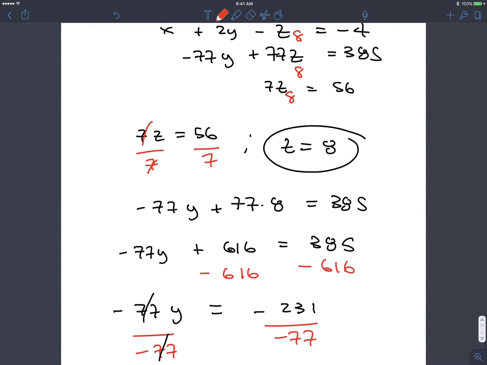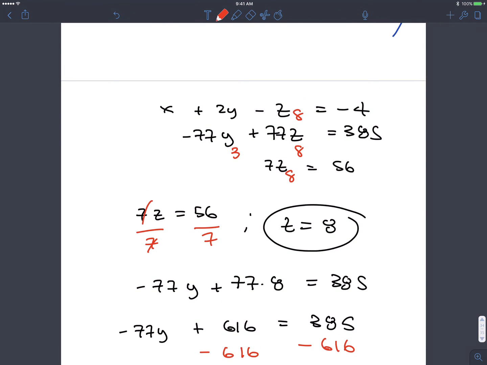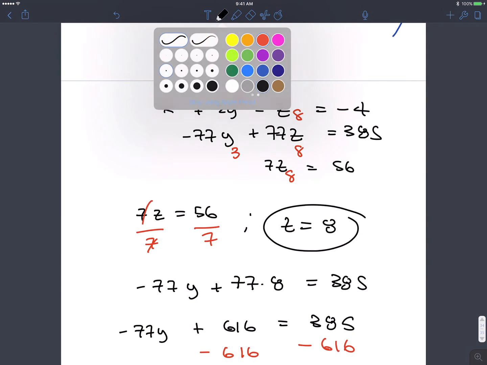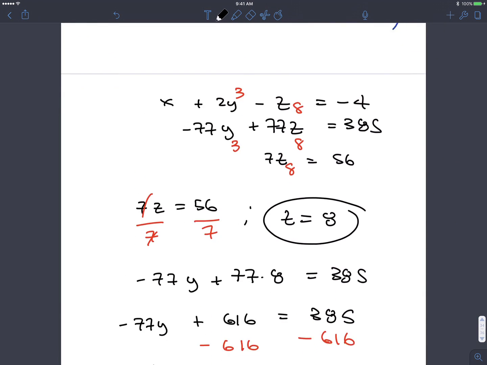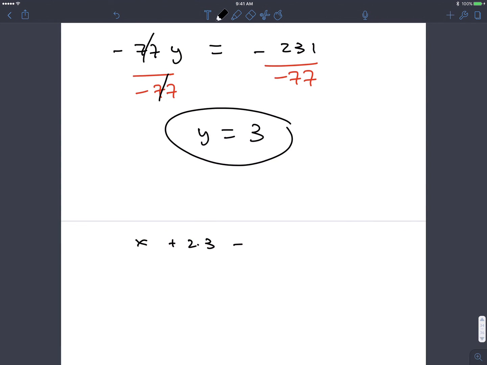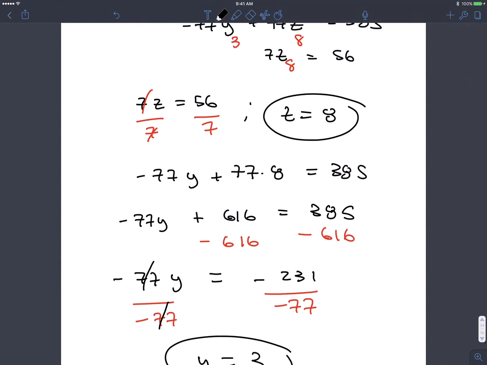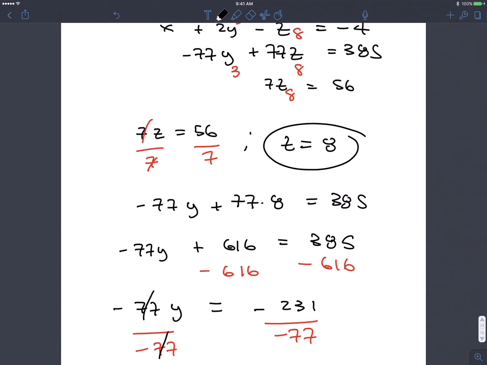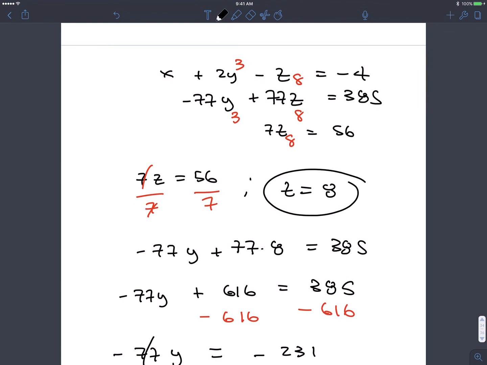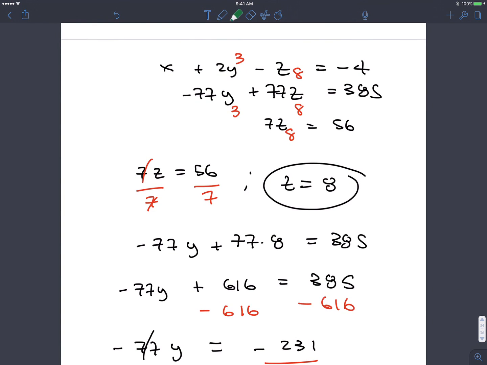So that y value is 3, so wherever there's a y, I can replace it with a 3. Now notice what that first equation becomes. We get x plus 2 times 3 minus what? Z, which is 8. And that's going to equal negative 4.